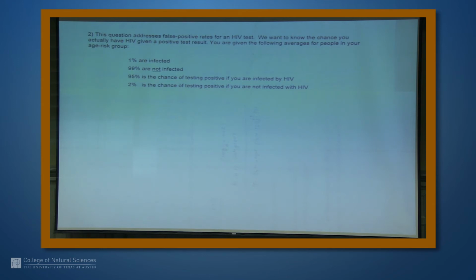Put these together and you think, well, if a positive result comes back, and there's no other information, it doesn't seem very likely that a positive result would come back and you're not infected.